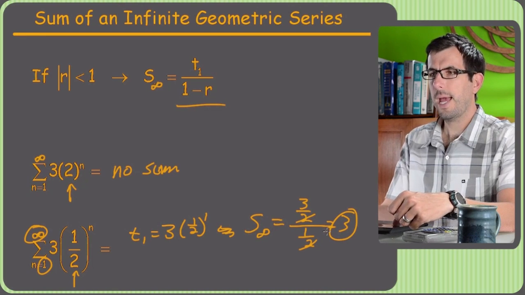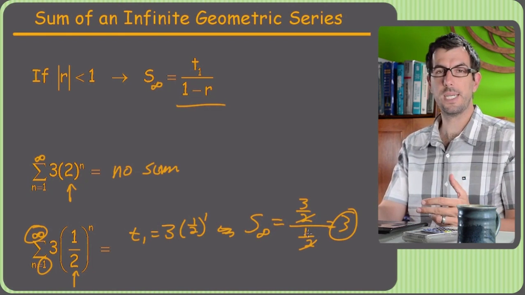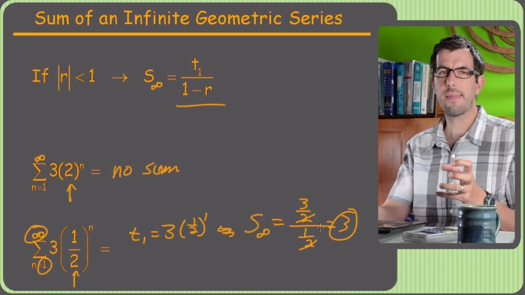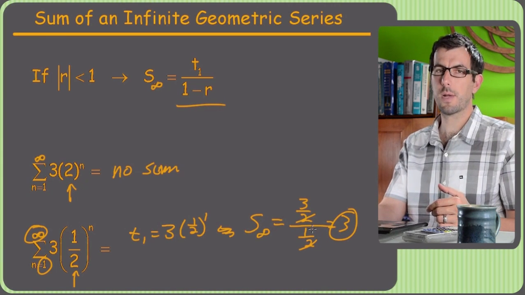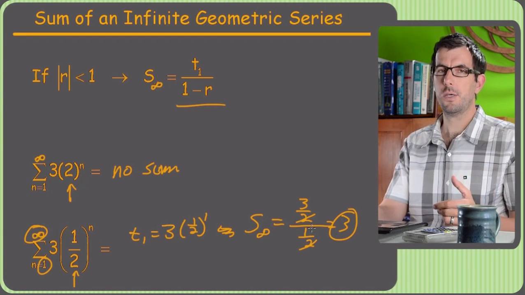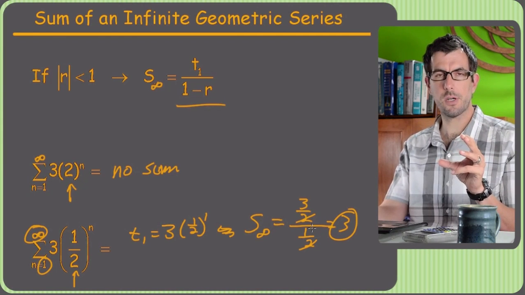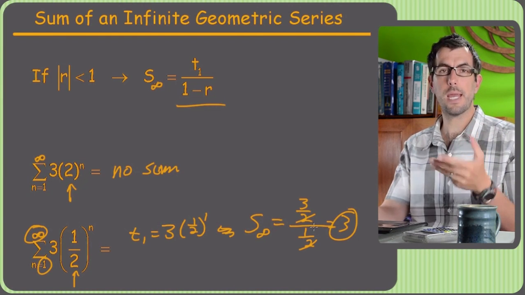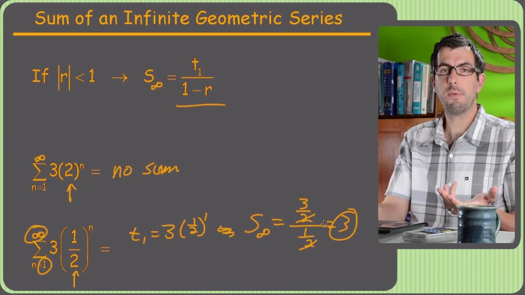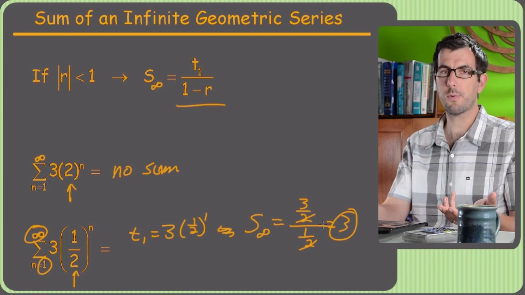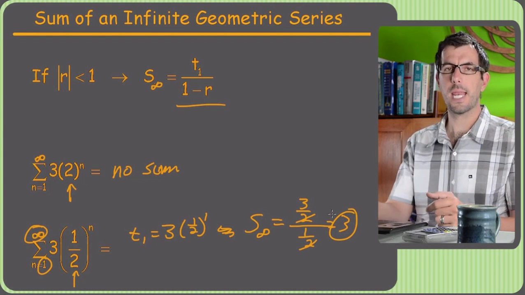So as you can see, this sigma notation is really just a fancy mathy way of asking you a sequence problem and asking you to add up the terms. So whether it's a short number of terms and you can just add them up manually, maybe even if it's not a geometric or arithmetic sequence, but it's pretty short, you can just add them up manually by plugging and chugging and adding everything up.